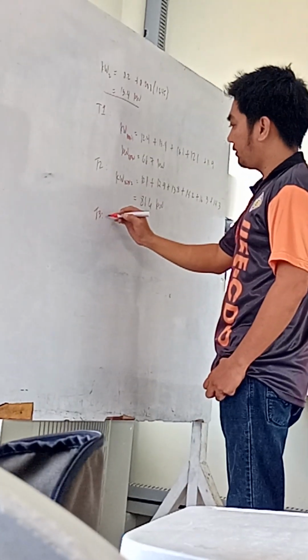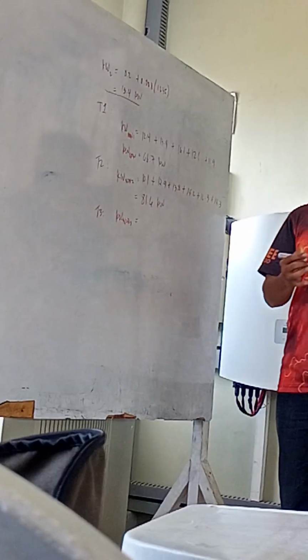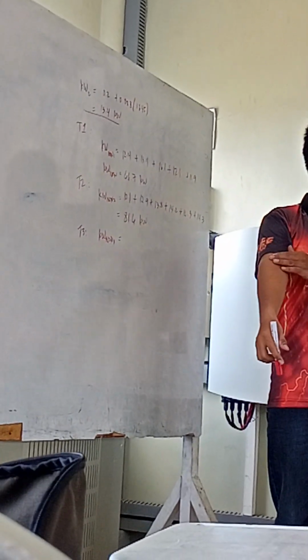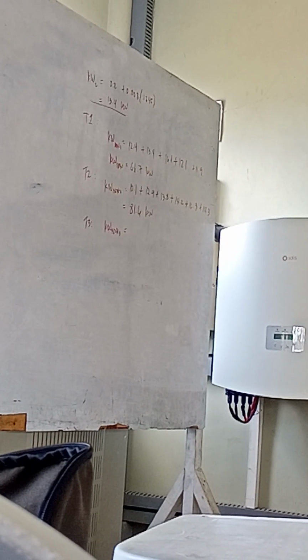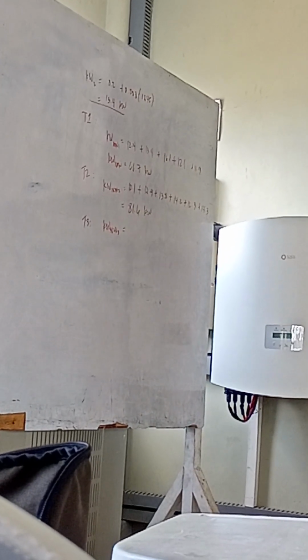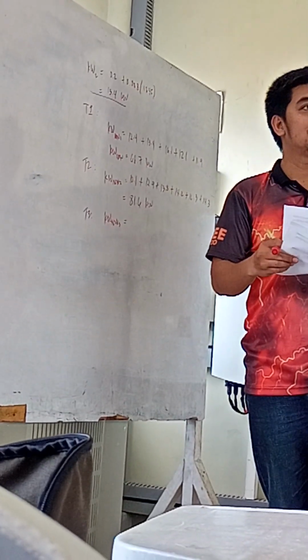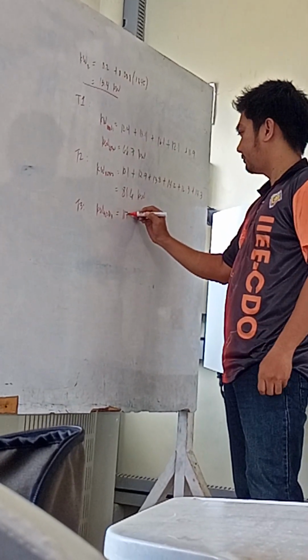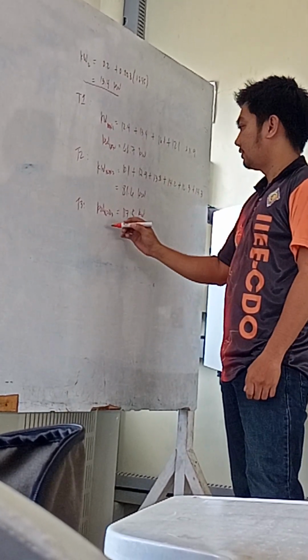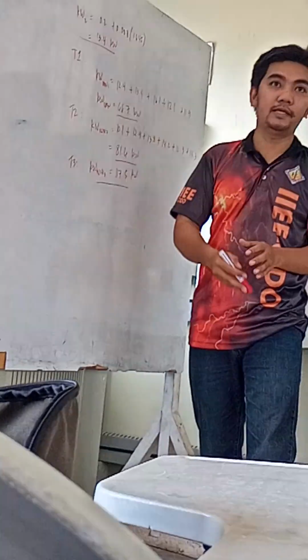And transformer 3, 117 kilowatts. So that's how you determine the non-coincident.